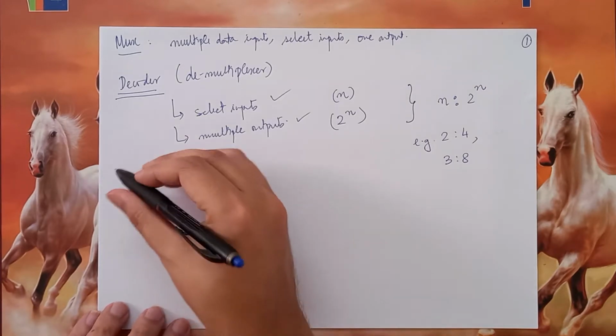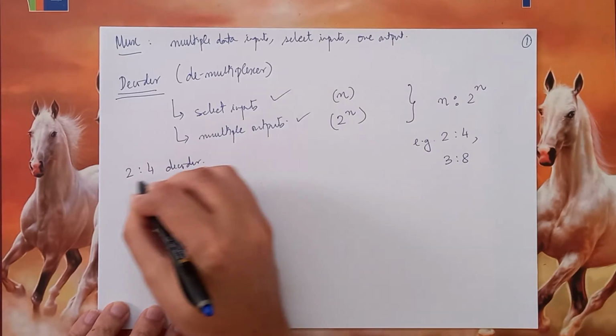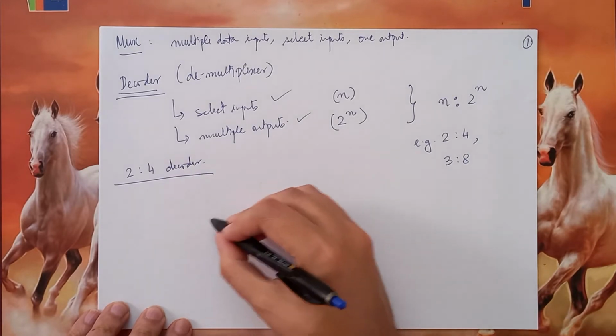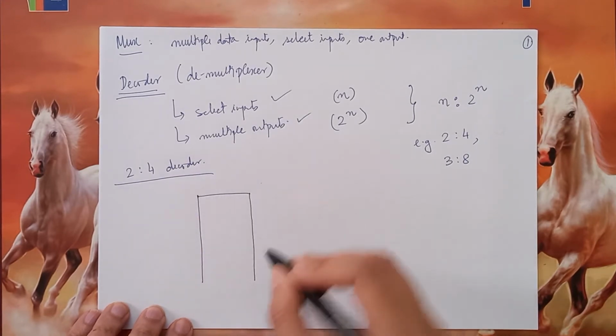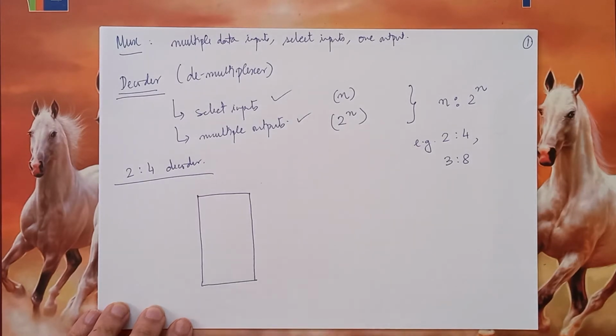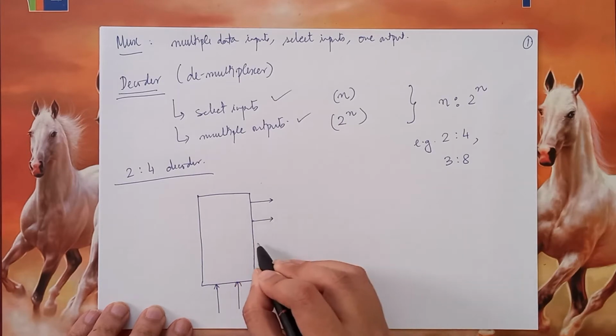So when we look at a 2 is to 4 decoder, it looks like this. Some notations show this as an inverted trapezium to show it as an inverted mux. So there are 2 select inputs and 4 data outputs.